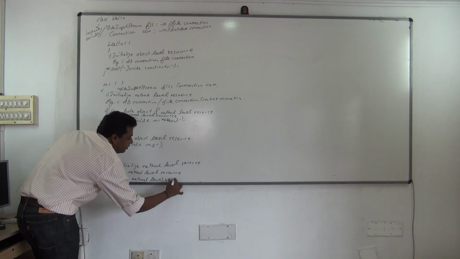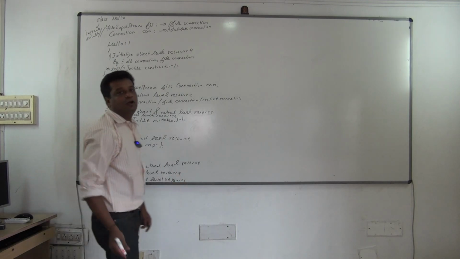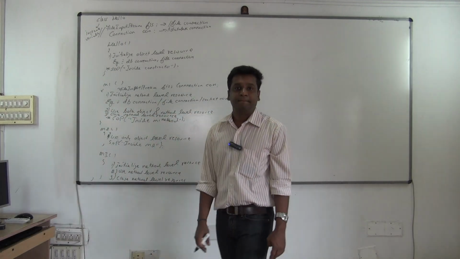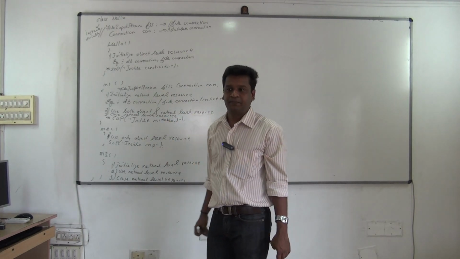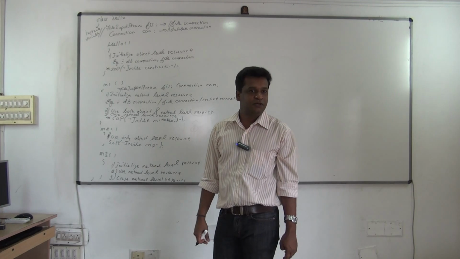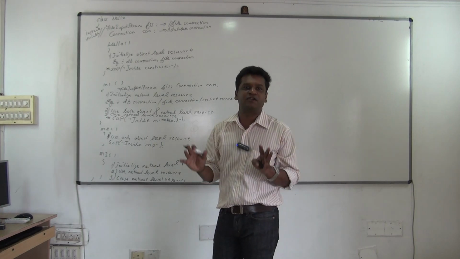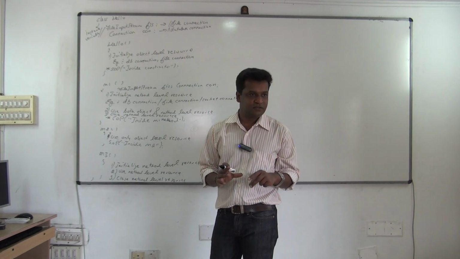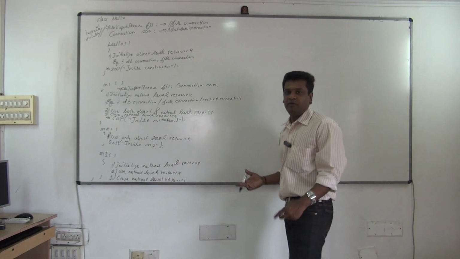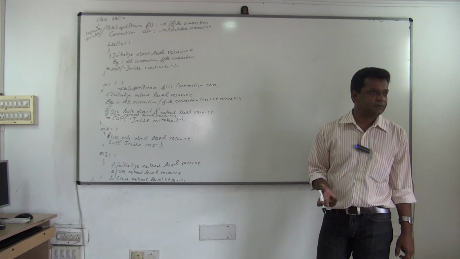Valid? I am not at all using the object level resource here. Fine. But why did I make that an object level resource? Because it was required in two methods. Understood? If you require it in two or more methods, make it object level. For a single method, a method level resource. Done? Okay. In M4, you can use the object level resource again.